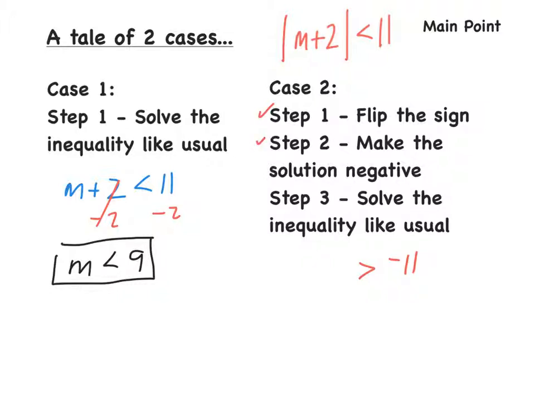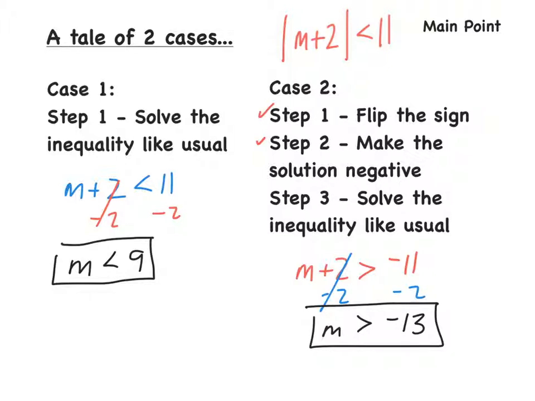Next step, solve the inequality like usual. I'm just going to take this m plus 2 and bring it back down. We keep that exactly the same. So just to solve it, minus 2 on both sides, m is greater than negative 13.